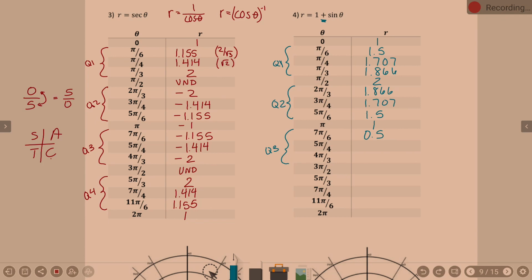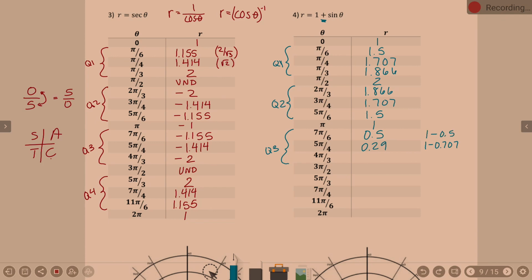On 5 pi over 4, well, sine of pi over 4 is 0.707, so 1 minus 0.707. What is 1 minus 0.707? 0.293.